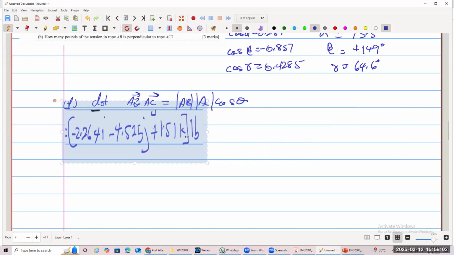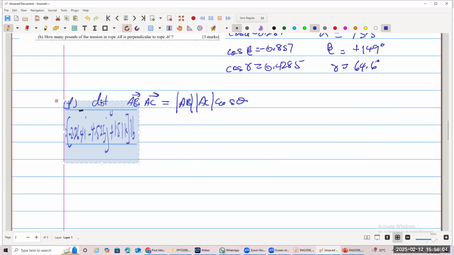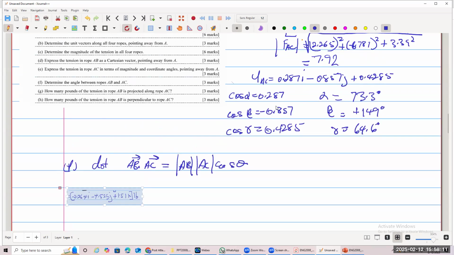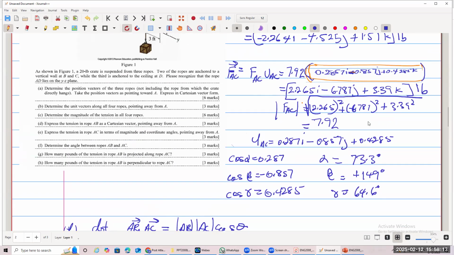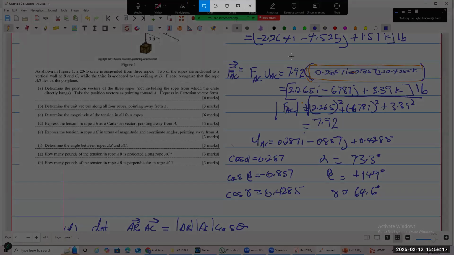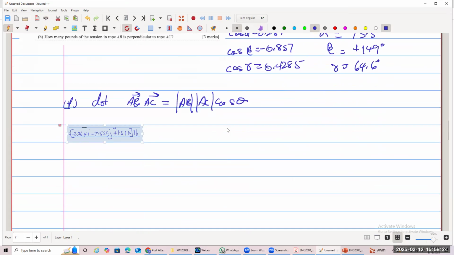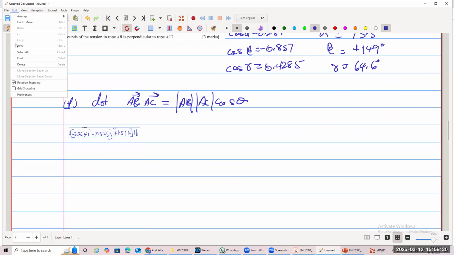But if you use a force, you have to use a force all the way through. And what is AC? AC was this value right here, times this other one here.